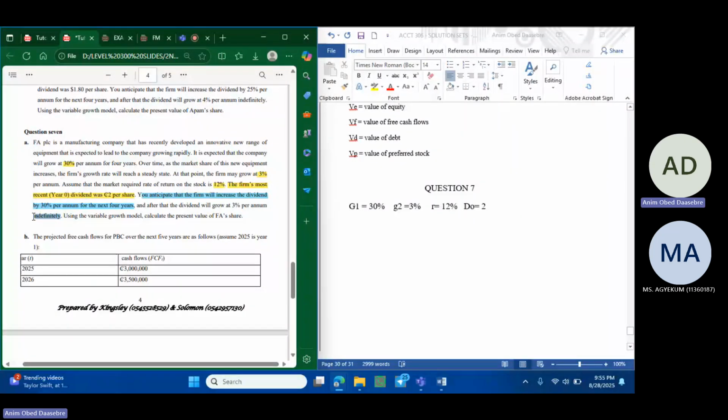right? So always when you have a variable growth model, we have the initial growth, and we also have the growth rate after the initial growth. So with that, let's find our D1.